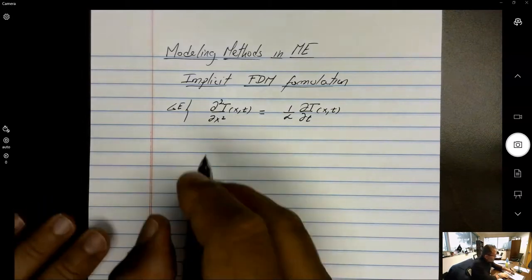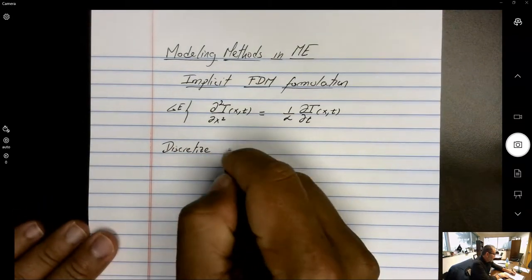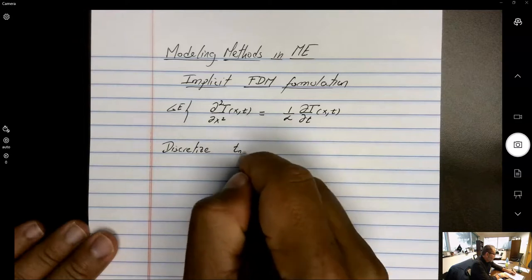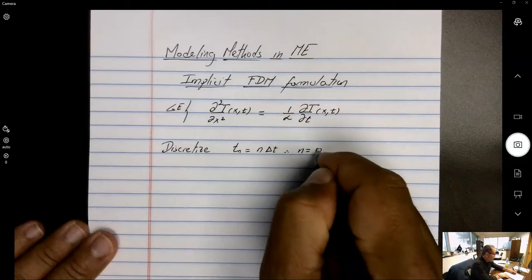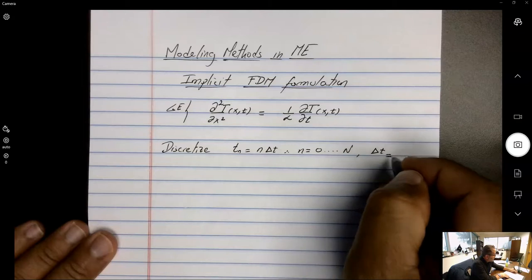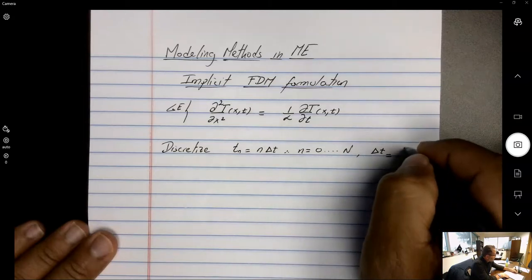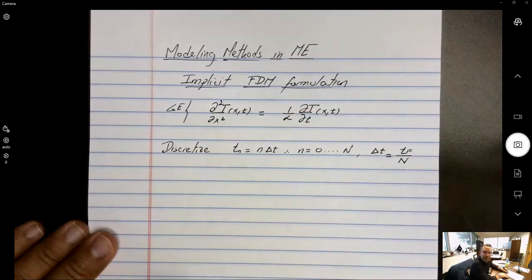Now we're going to discretize time as n times delta t, such that n goes from 0 to N, and delta t is equal to some final value of time divided by the number of time steps.